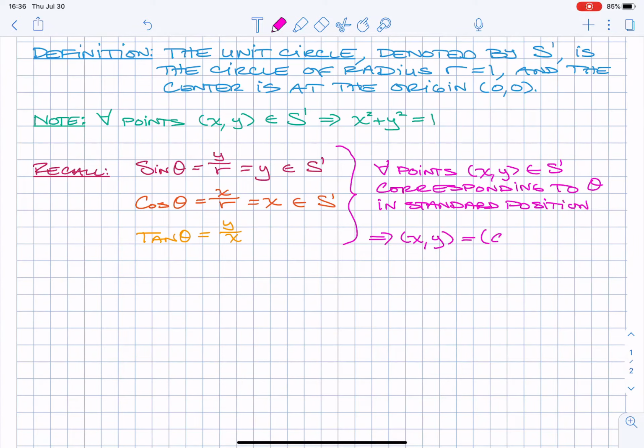It's cosine of theta, right? And what is y? Well, it's sine of theta, as long as I'm on the unit circle. Right. So let's consider.